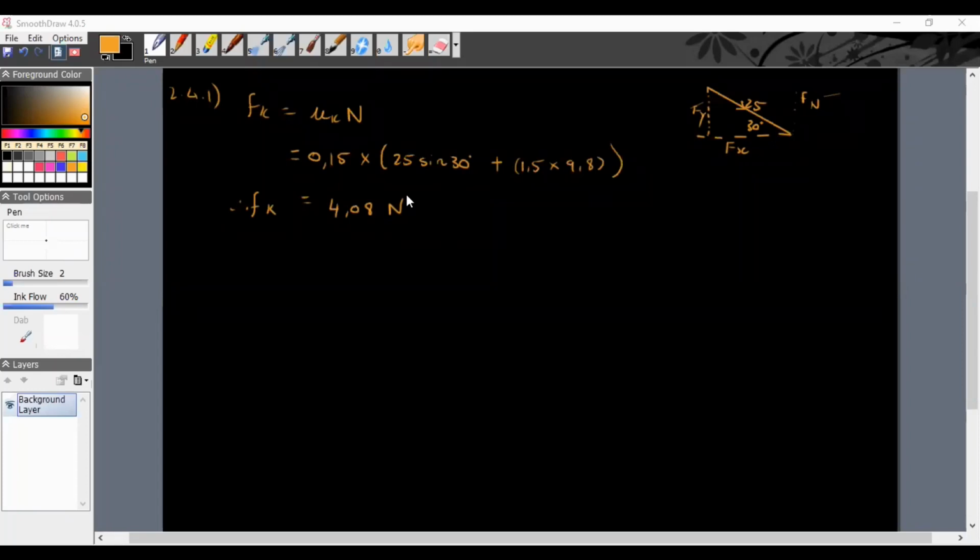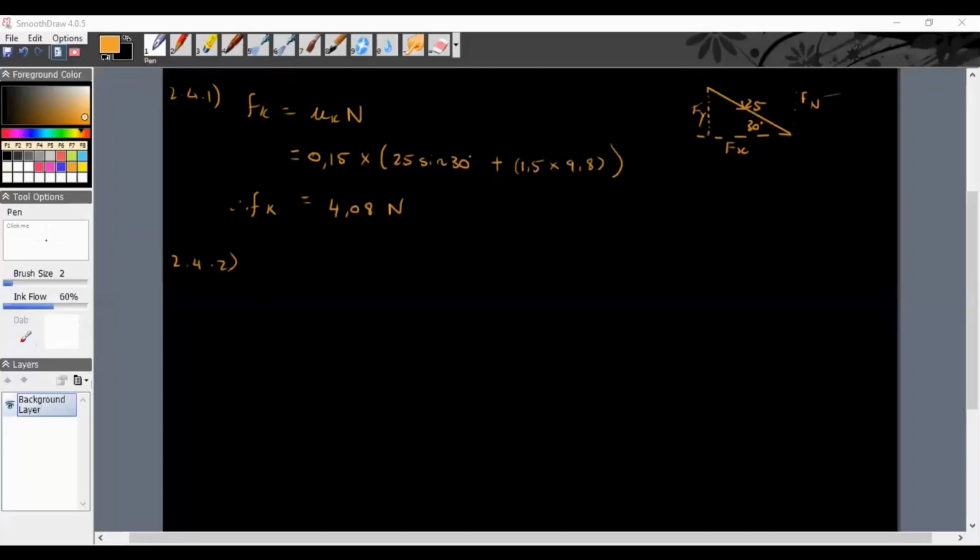2.4.2: find the tension in the cord connecting the two blocks. This was a nice question. I always enjoy tension questions.